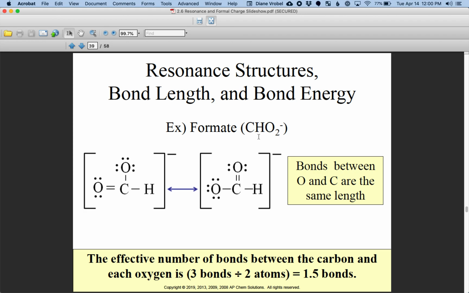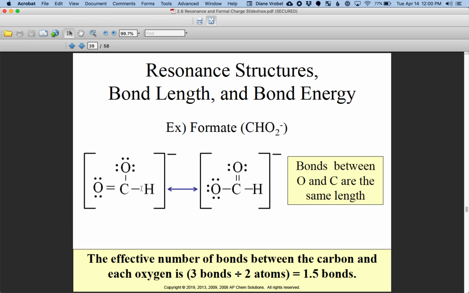So once again, you want to use formal charge and you want to draw the Lewis structure with the lowest number of formal charges for the different atoms. And notice because it's a -1, the overall formal charge should equal -1 if you add up all the formal charges. Now, this one you have to be a little careful about because the resonance is only happening between the oxygen and the carbon.